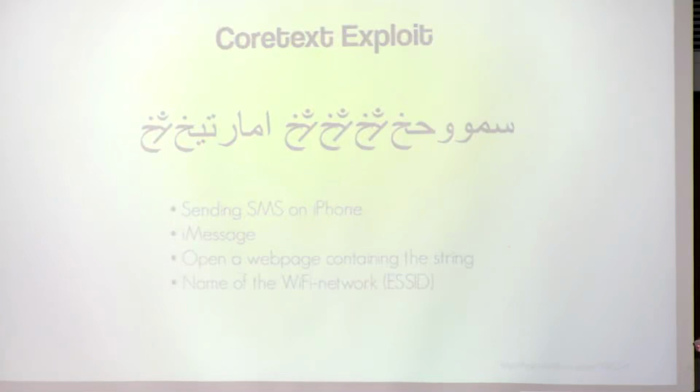The Cortex exploit was a series of Arabic characters, which really had no meaning specifically, that gave the Cortex framework a really hard time in Objective-C. You could send it to somebody over SMS, you could use iMessage, you could have a web page, or even the name of a Wi-Fi network that was the string, and it would cause a kernel crash on iOS devices.